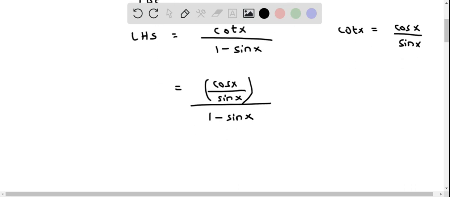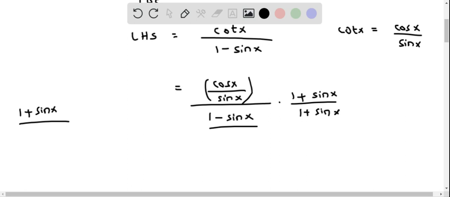The next step, we multiply this expression by the conjugate of the denominator. That is, the denominator expression is 1 minus sine x, and its conjugate will be 1 plus sine x. So we basically multiply and divide by this expression so that we can simplify this. So I'm going to multiply by the conjugate, which is 1 plus sine x, also divided by the same conjugate 1 plus sine x.